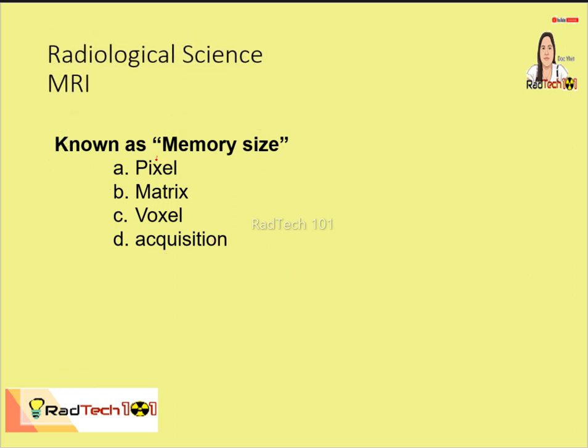Also termed as memory size. This is, of course, matrix. So, memory size. So, it is comprised of pixels and voxels. And again, it determines the number of rows and columns of the image.